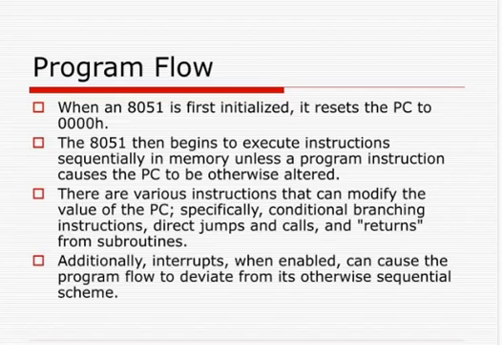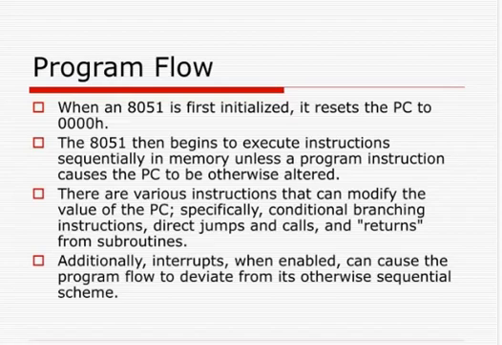Program flow. When an 8051 is first initialized, it resets the PC to 0000H. Then the 8051 begins to execute instructions sequentially. There are various instructions that can modify the value of PC, especially conditional branch instructions, direct jumps and calls, and returns from subroutines.